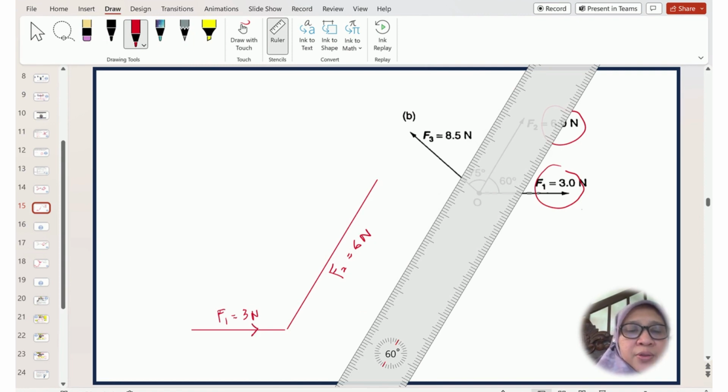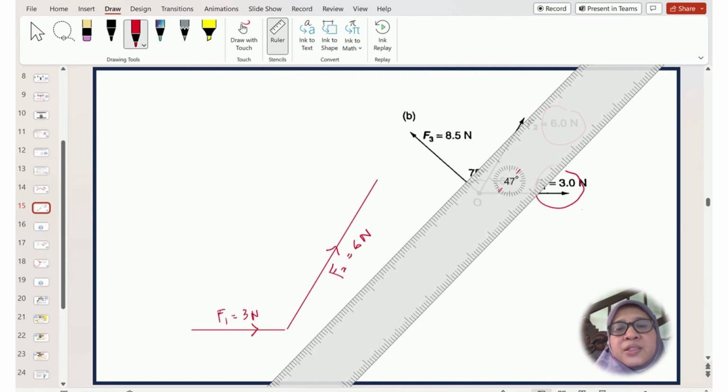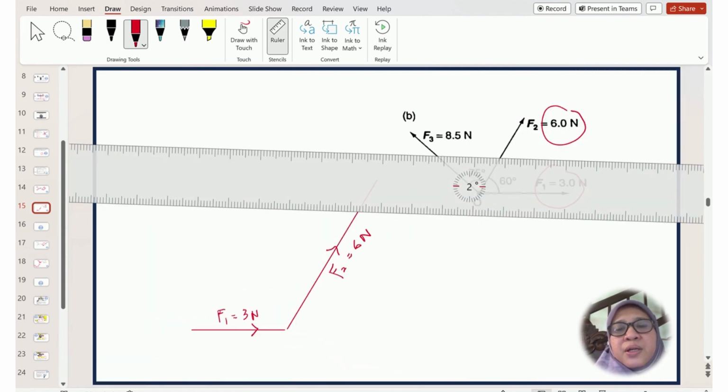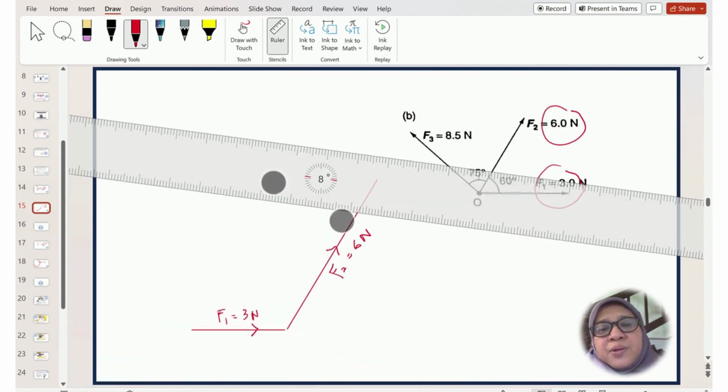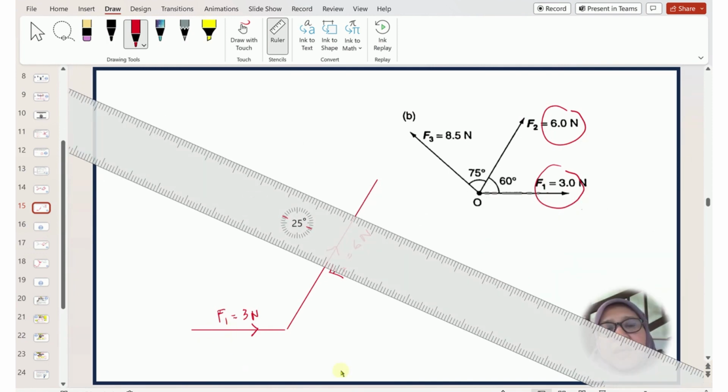So draw the arrow. Lastly F3. F3 is 8.5 Newton. The angle here, we need to find this angle.